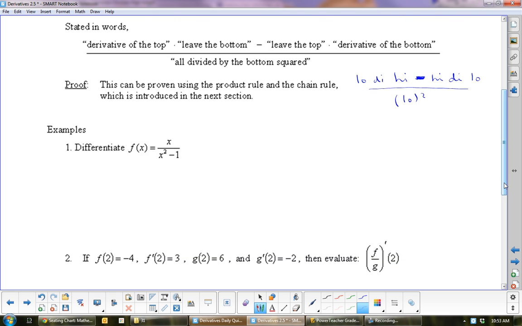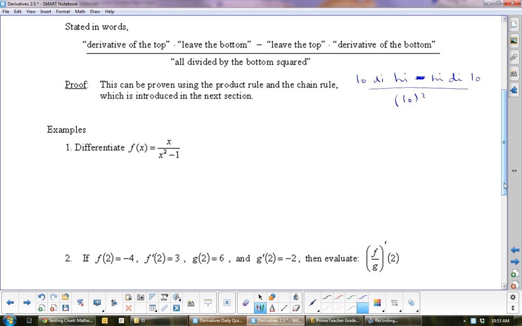Okay, now this is one where you could, if you wanted to, just take this and make it x times bracket x minus 1 to the negative 1. And you could do product rule. Okay? But let's do it using the new one, see how it goes.